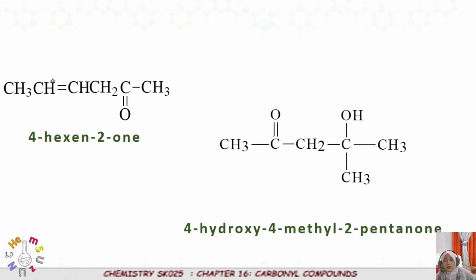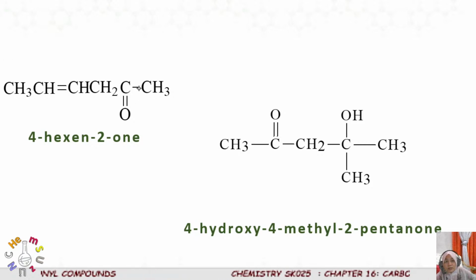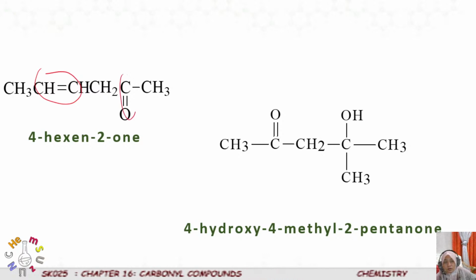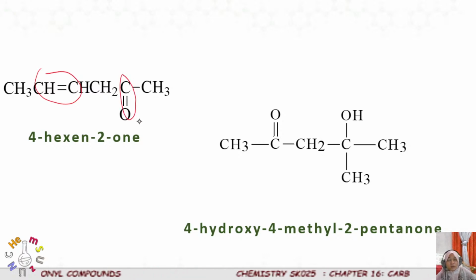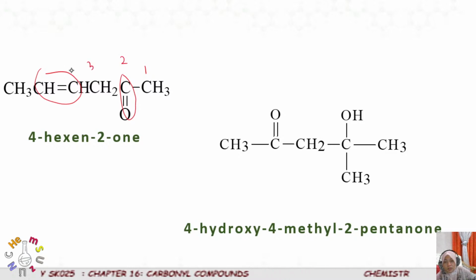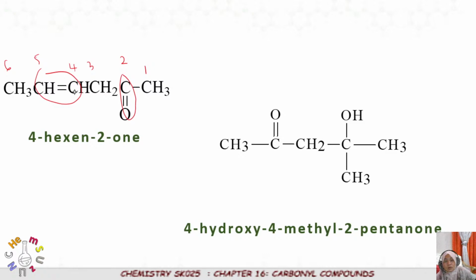Example number 4. We have one functional group here and another here. We give the priority to the carbonyl. So this is carbon 1, 2, 3, 4, 5, and 6. The carbon-carbon double bond is at carbon number 4.